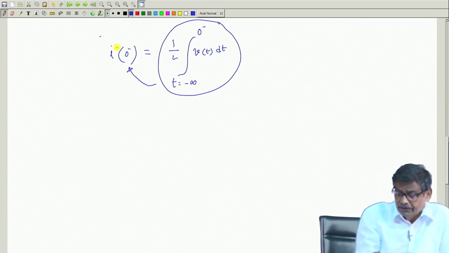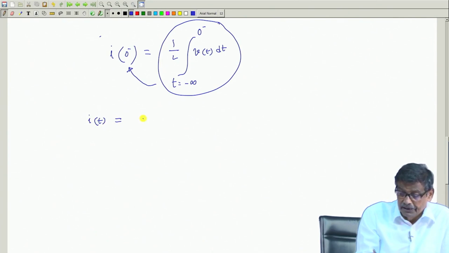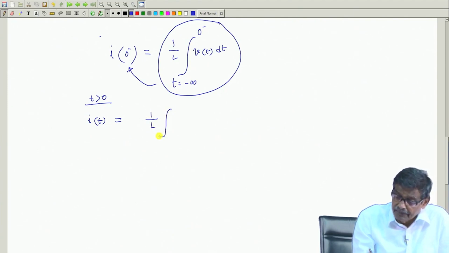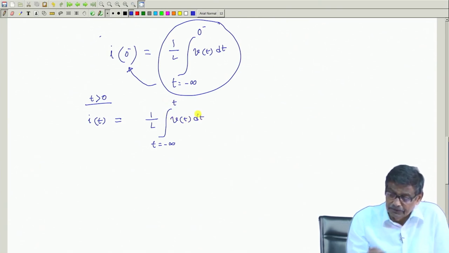In other words, the current through the inductor at any time t greater than 0, suppose at t equal to 0 I am doing something, will be 1 by L integral from t equal to minus infinity to t of V t dt.